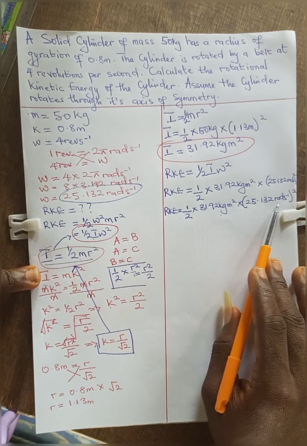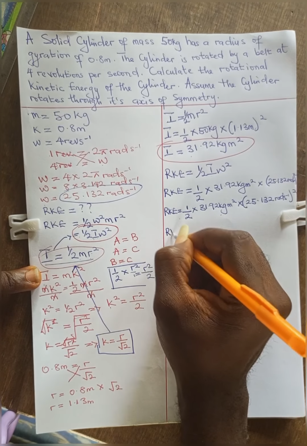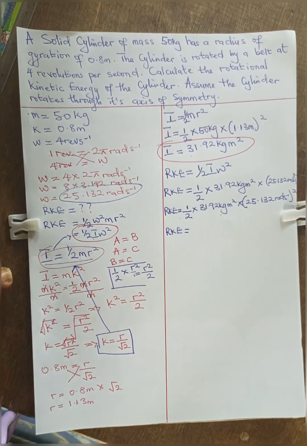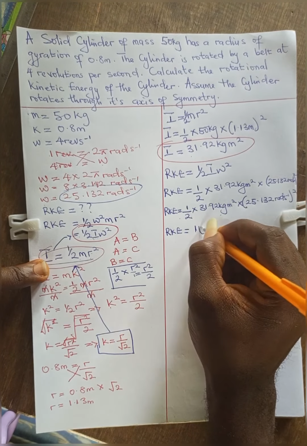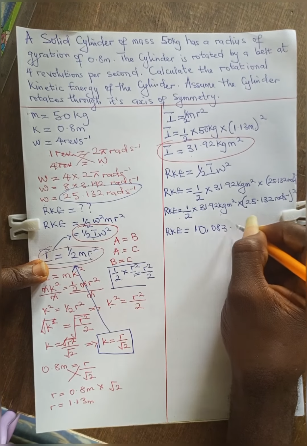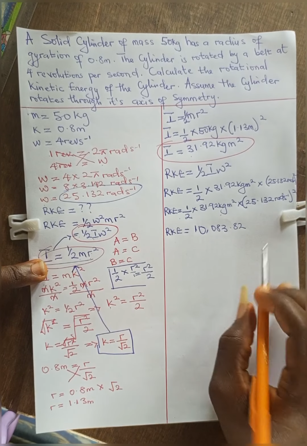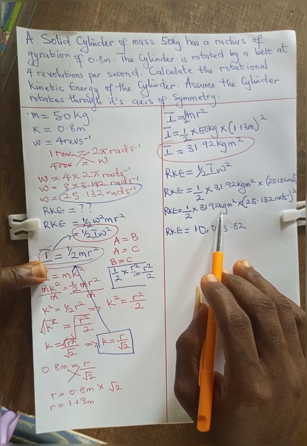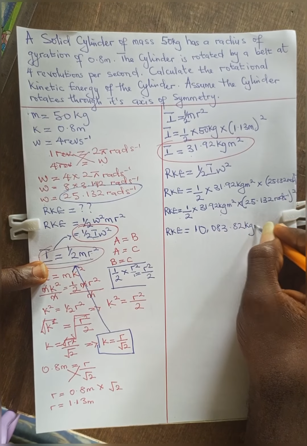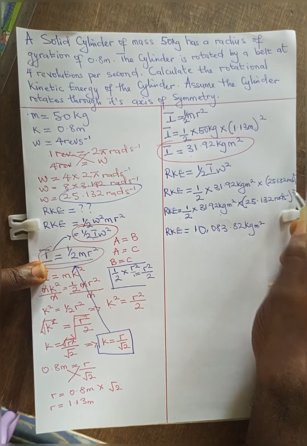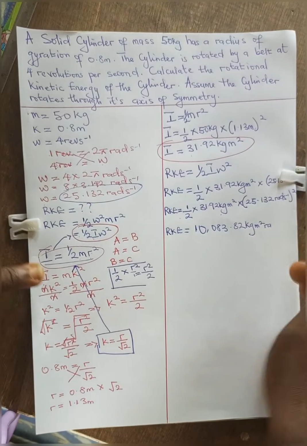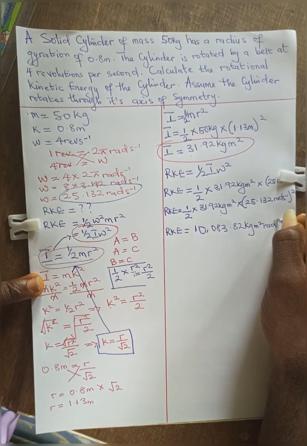So when you multiply everything for here, you go get your rotational kinetic energy as equal to 10,083.82. Now the unit, just go carefully and bring out all the units wey dey for here. You get kilogram for here, you get meter square, then when rad raise to power 2, you go get rad square.